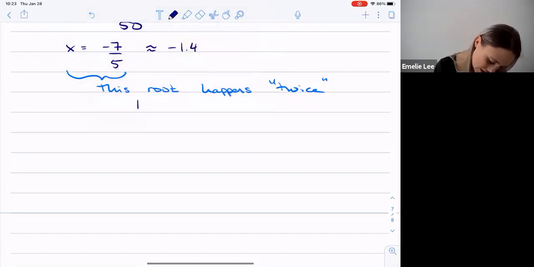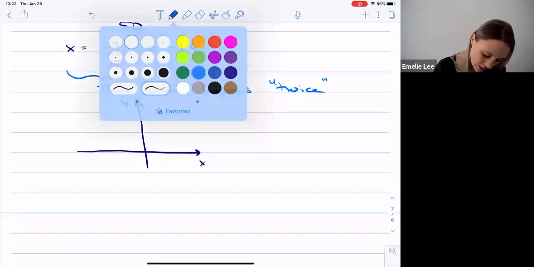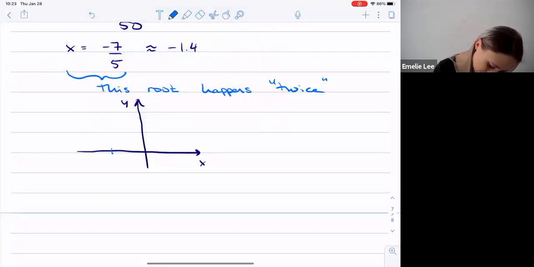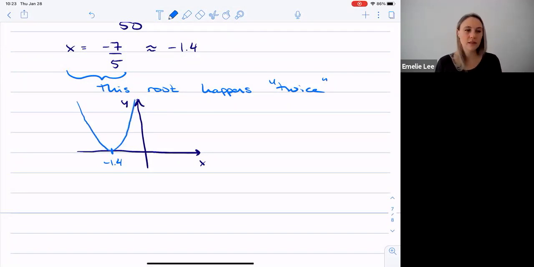And so what this thing looks like, and it's not that common to have this situation, so that's why I'm not going to spend too much time on it, but I want to show you what it looks like right here at negative 1.4. I have this. Okay. So it comes down and it just touches and then it bounces off.